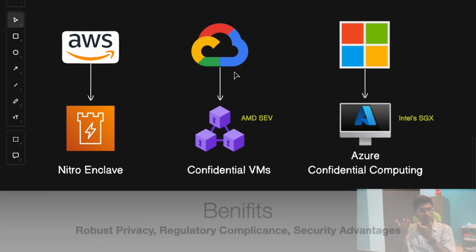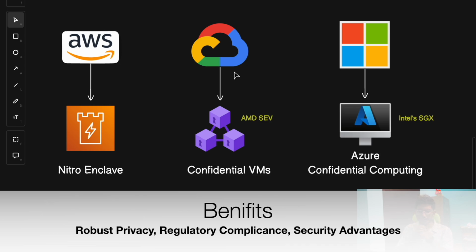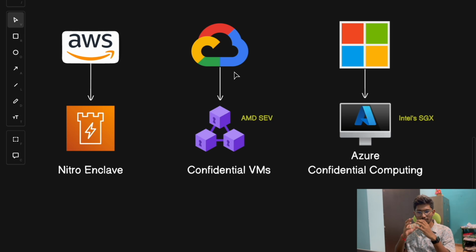Confidential computing provides robust privacy, regulatory compliance, and security advantages by ensuring that the data remains protected even while being processed and blocks any unauthorized access to it. It opens up a world of possibilities for sectors like finance, healthcare, and even government organizations, which can take advantage of this service to create a more secure infrastructure and architecture, right? And they can do data analysis of sensitive information without compromising privacy.